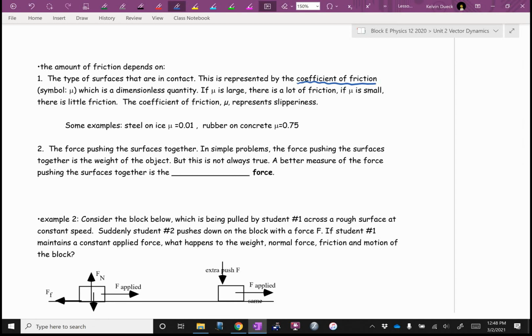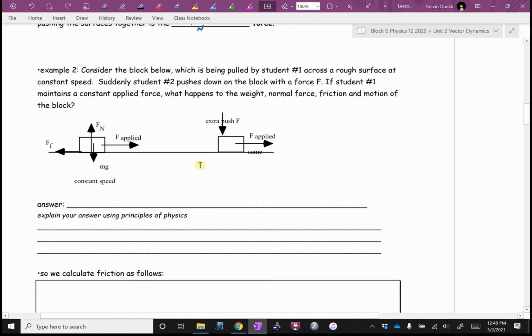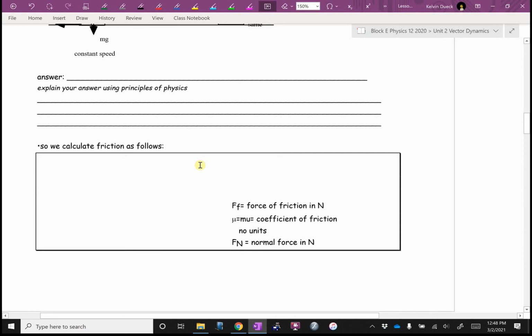Who remembers friction depended on mu and which force? The normal force. We said a much better indication of the force between two objects that push each other together was the normal force. And so in the box here at the bottom of the page, you can write friction equals mu times the normal force.